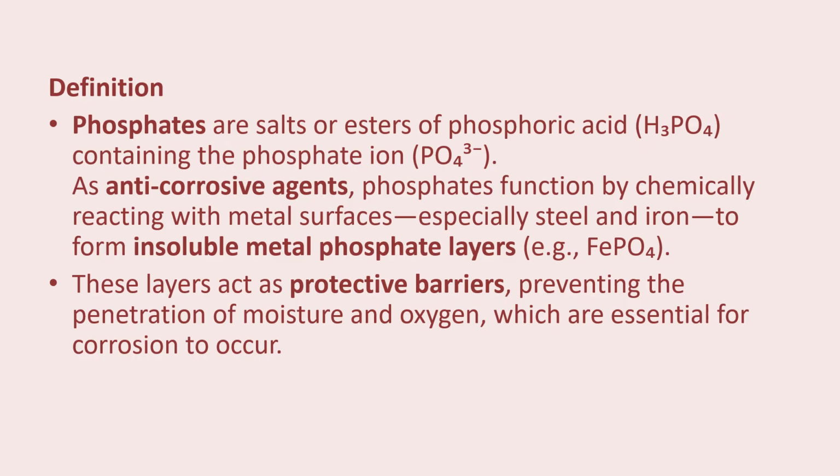Phosphate functions by chemically reacting with the metal surface, so these are called conversion coatings. It forms a coating on the surface which is insoluble, forming iron phosphate. These layers act as a very protective barrier, preventing the penetration of moisture and oxygen, that is, protecting the metal from corrosion.